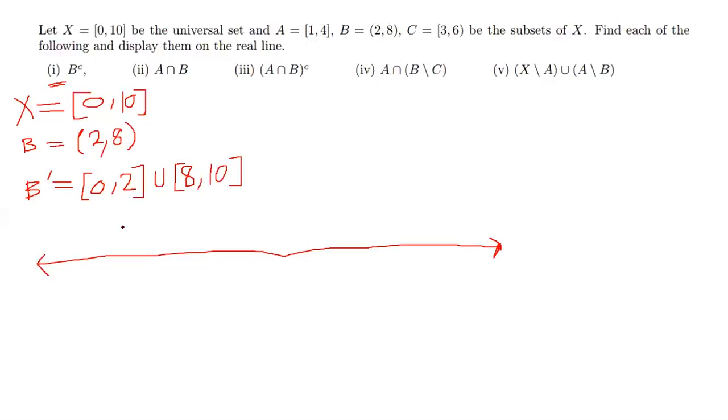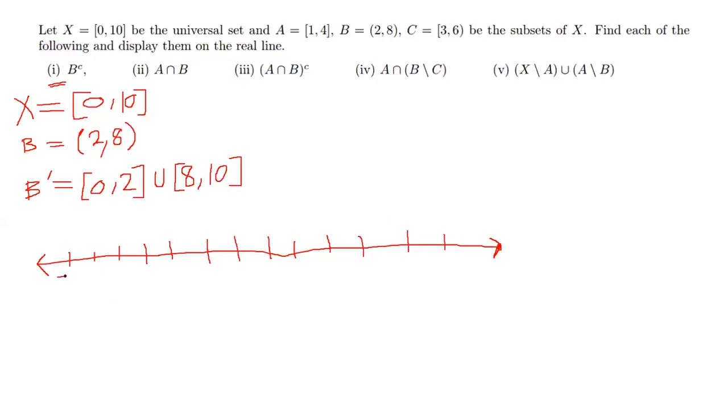I'll not write all the numbers here. Let me just write the required numbers. But for you, you have to write them. You have to count from 0 to 10. Anyway, let me just write them. 0, 1, 2, 3, 4, 5, 6, 7, 8, 9, 10. I'll also add 11, I think even 12.